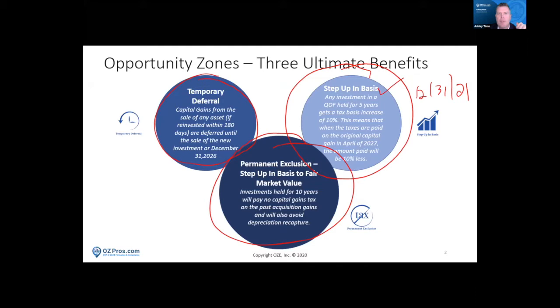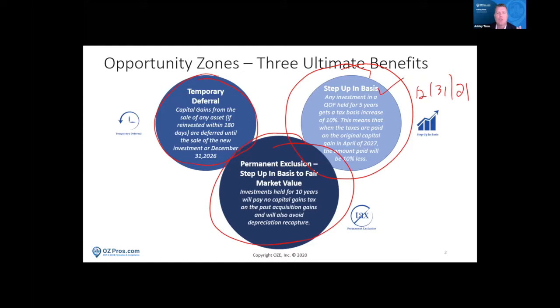And so I think that as an investor, you can reasonably rely upon the fact that if you get your money into a deal, that effectively you pay your capital gains on the original investment in 2027. So it's December 31st, 2026 is when they become due.